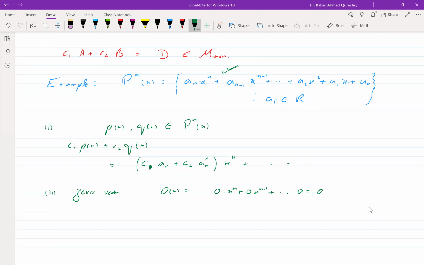And you can have the negative of a polynomial, just reverse the coefficients, and when you add, then you will get the 0. So the reverse vectors, well, technically people call it additive inverse, but I'm just using colloquial language. Reverse vectors are just minus times the polynomial. It exists, and you have a vector space.